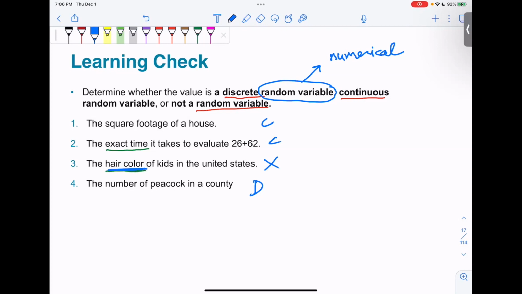If you remember, hair color is categorical data, which is nominal. So we have two categorical types, nominal and ordinal, and two numerical types, discrete and continuous. Discrete and continuous could be random variables. The other two, no.